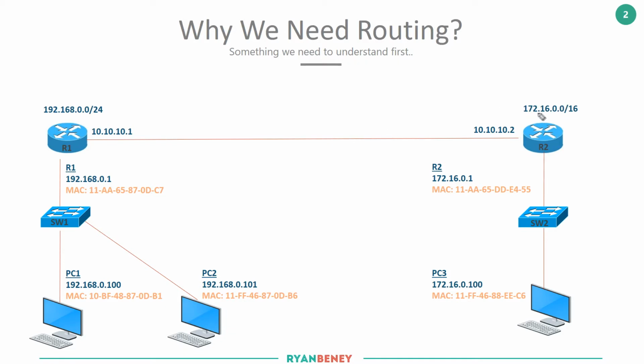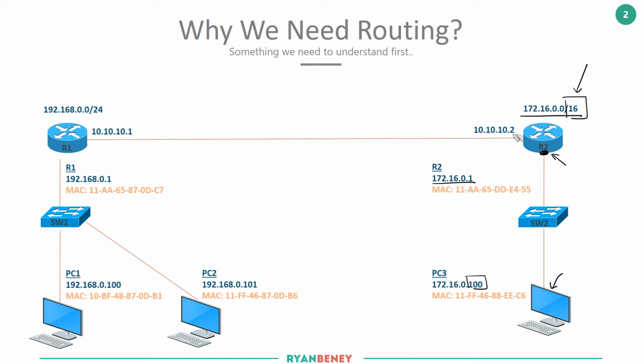And over on the other end, we have 172.16.0.0/16. Using the same formula, hopefully you can tell me how many IPs are inside this network. And from there, we've configured the 172.16.0.1, which is the first usable, as router 2, and the 100 as PC3, with of course router 2 as its default gateway.